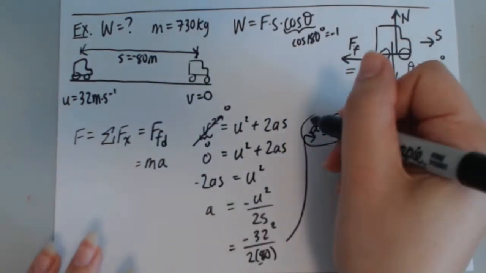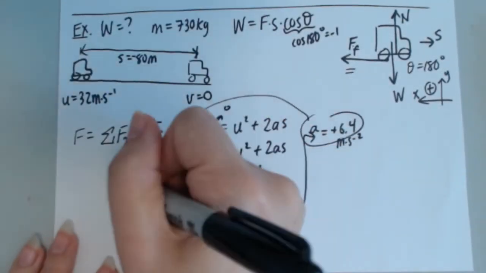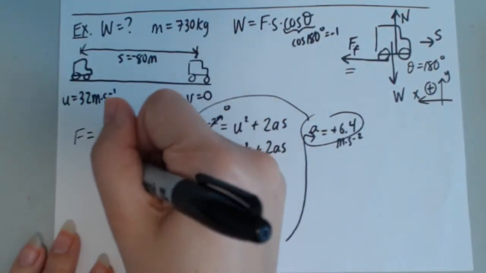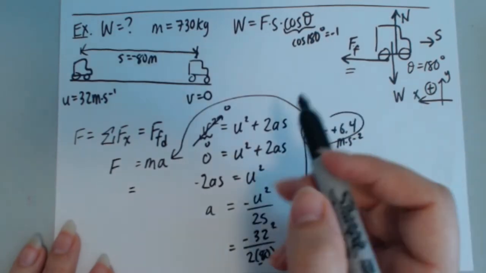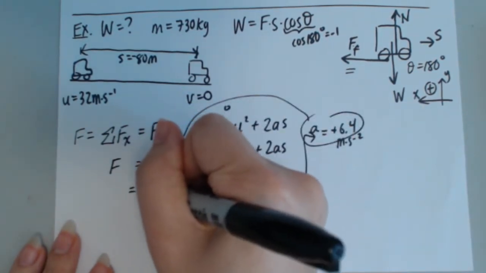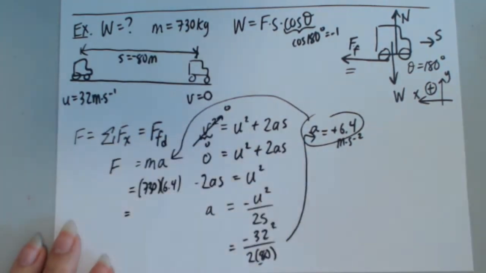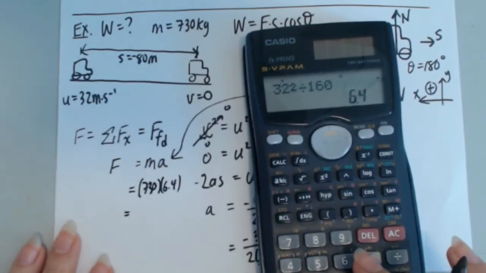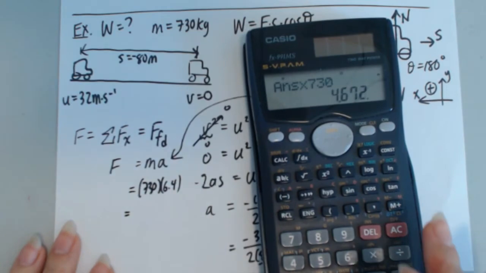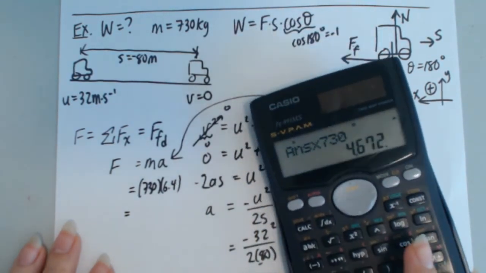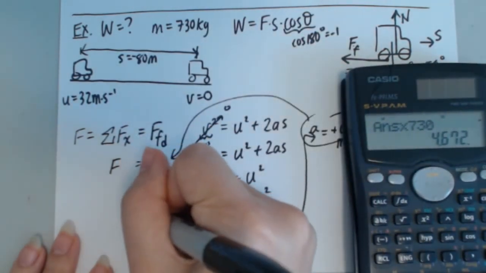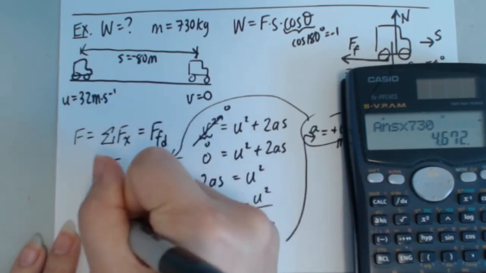That gets plugged in over here. So m times a, which is equal to F, is going to be 730 times 6.4. What is that? 4672 newtons.